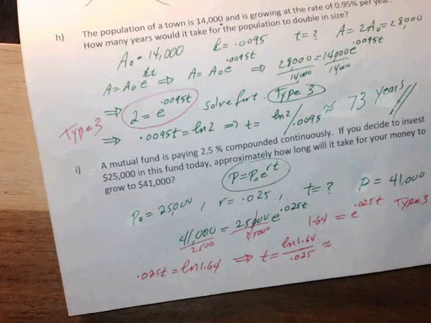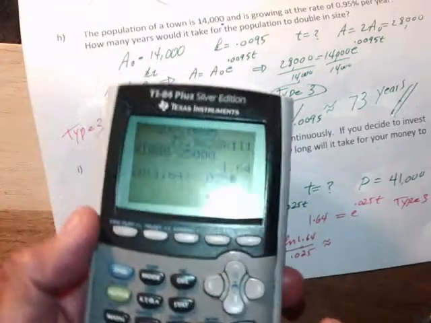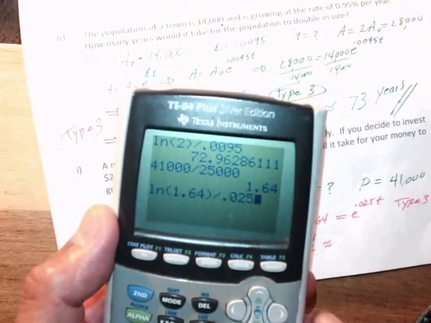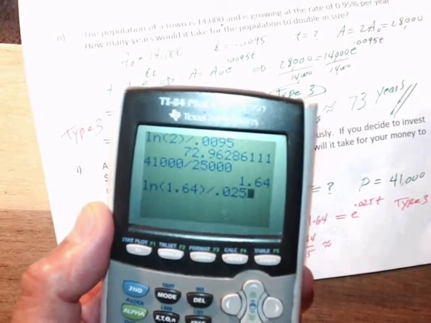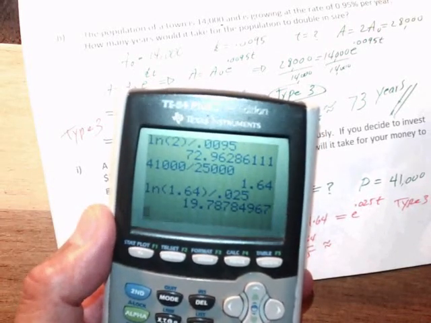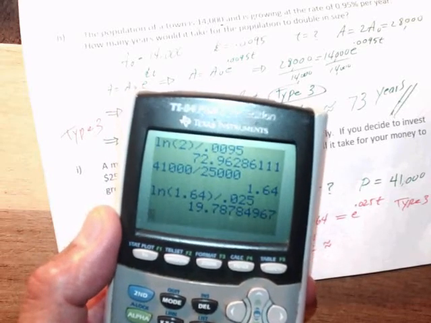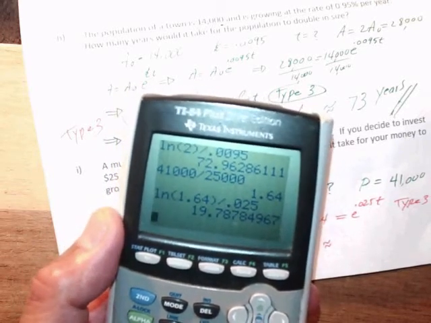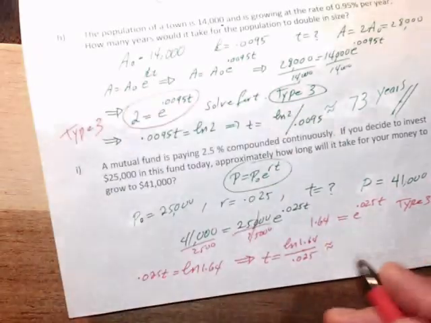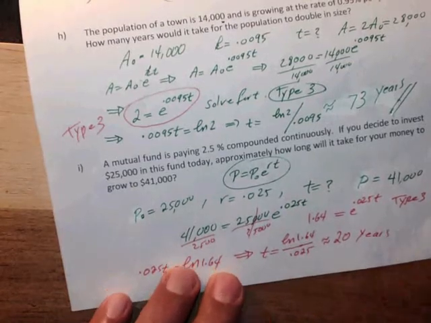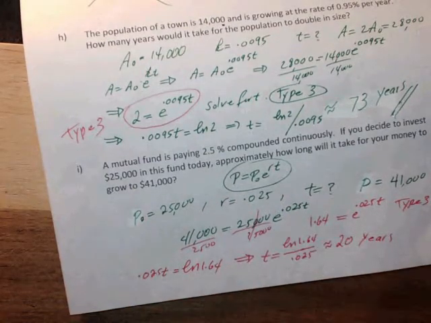If you say enter, I get 19. Because this is a number of years, just round it up to the nearest integer. So it's going to be 20, almost 20 years. Okay, something like that.